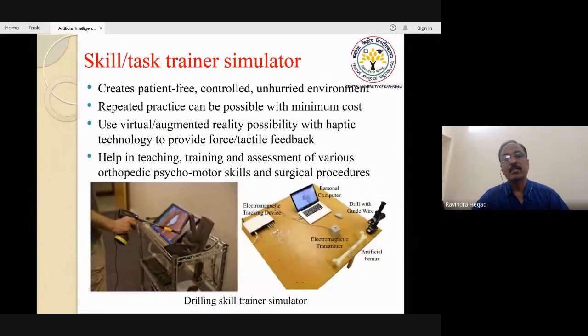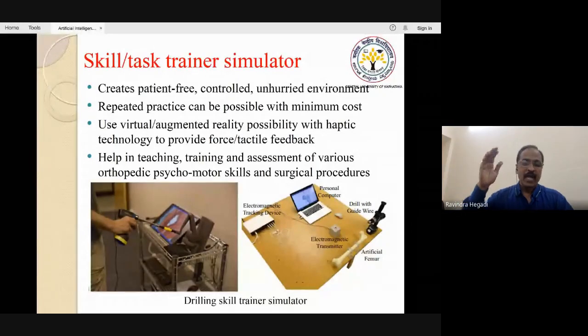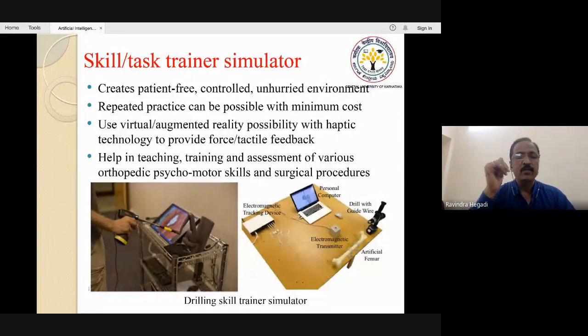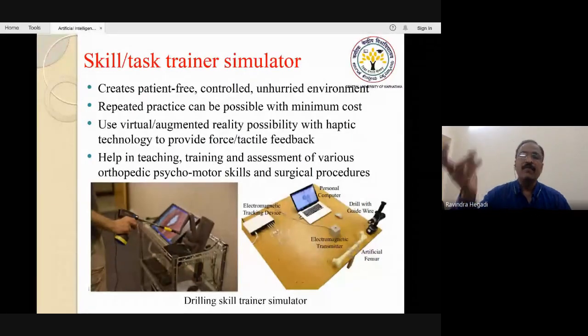This haptic technology brings a feeling of the force that we are applying. See, if you slap a person, there are different types of slapping. You can slap with full force, or you can slap slowly. If you slap with full force, the person will feel your slap very badly. If you gently touch, then he will feel very good.